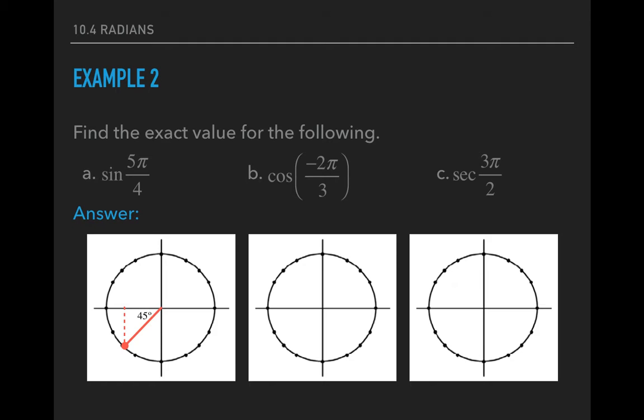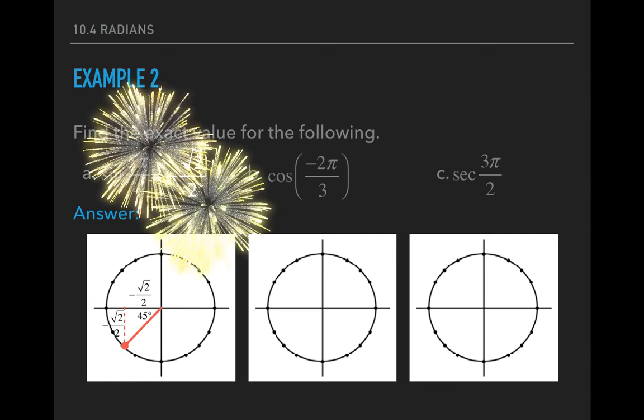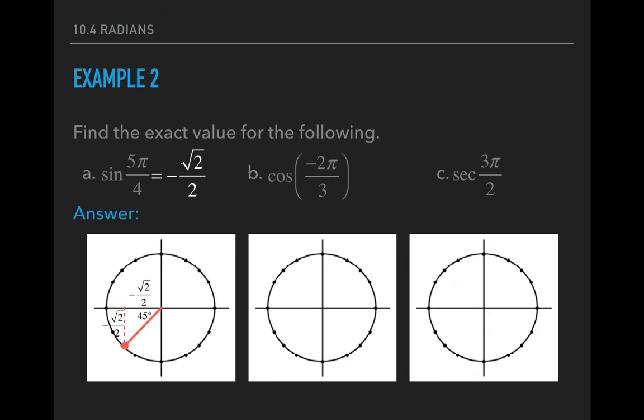Now, for both the horizontal and the vertical, they are negative movements, so it's negative square root of 2 over 2. And the sine is the y, so you're looking at negative square root of 2 over 2.